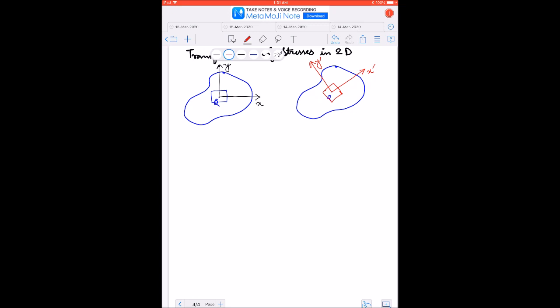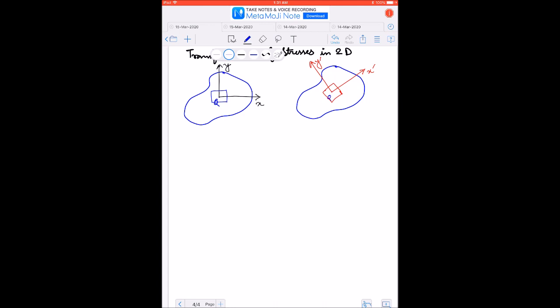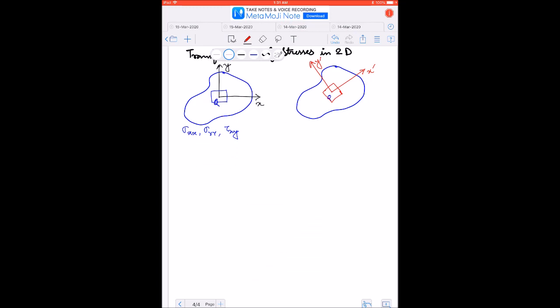So what I mean to say is that on the left hand side we are going to have sigma xx, sigma yy, and tau xy, while on the right hand side we are going to have sigma x dash, sigma y dash, and tau x dash y dash.